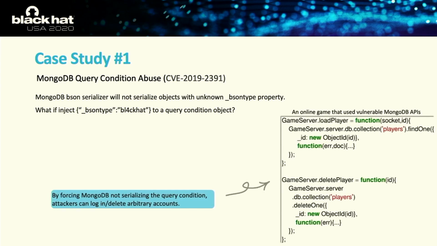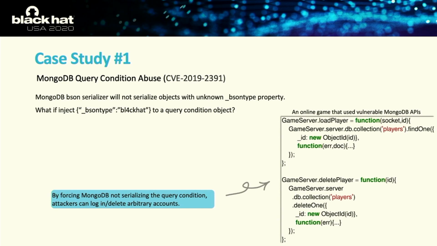The code on the right is an open source online game. The online game used the vulnerable MongoDB API to implement its user management logic. As shown in the picture, there are two APIs implemented by the online game. The first one is about loading a user, and the second one is about deleting a user.